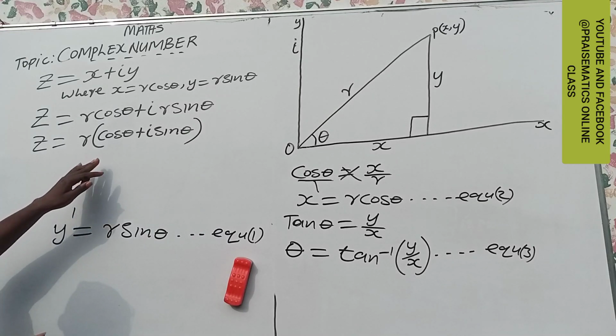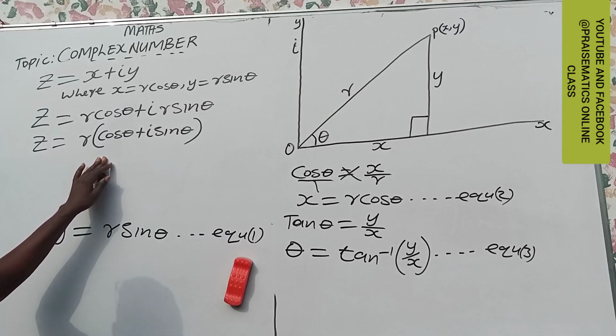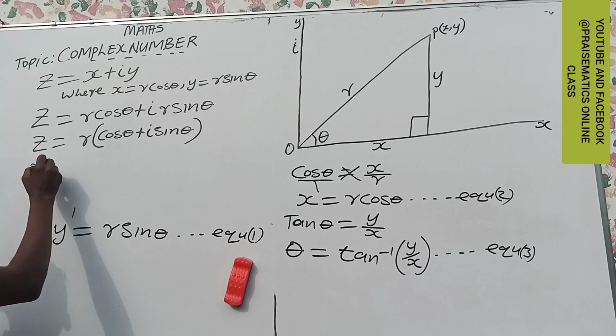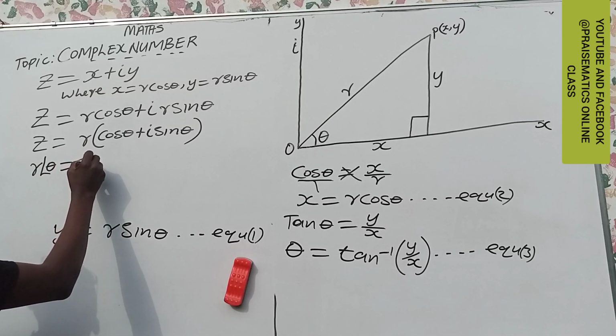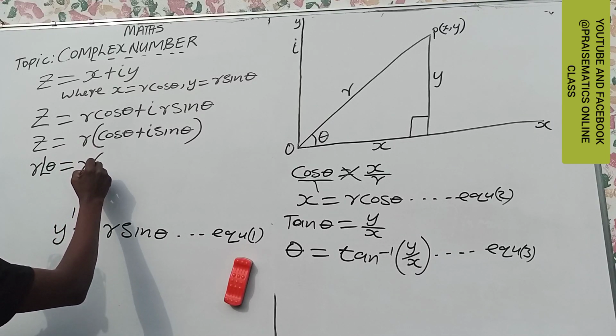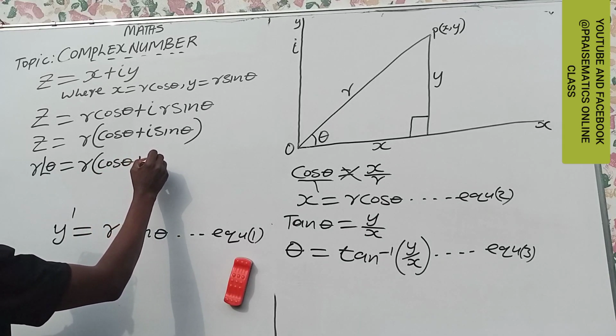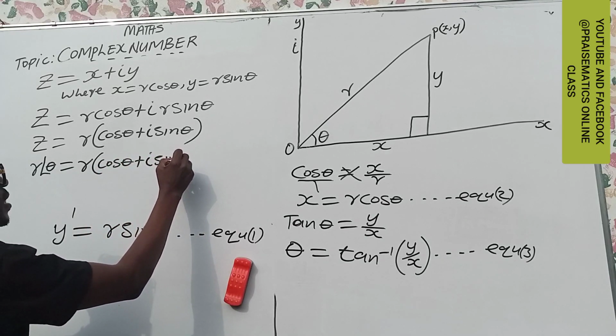So this is what we call the polar form of complex number, and it is always denoted by R into theta is equal to R into cos theta plus i sine theta.